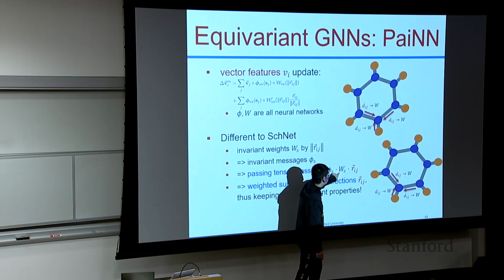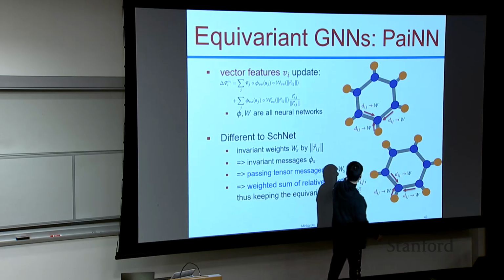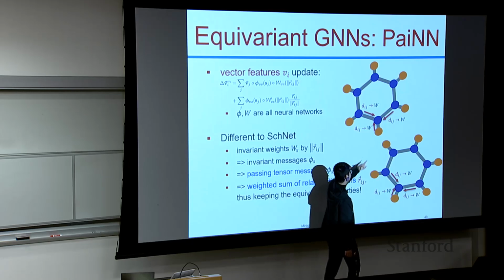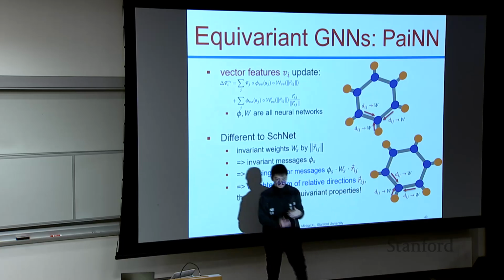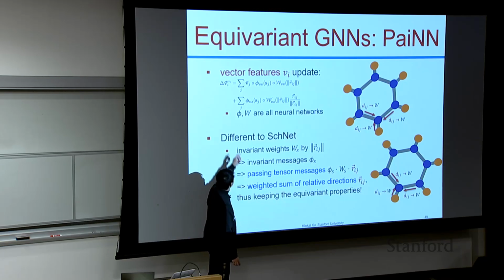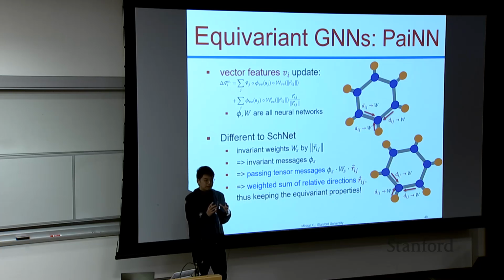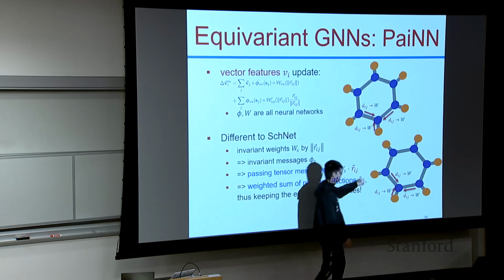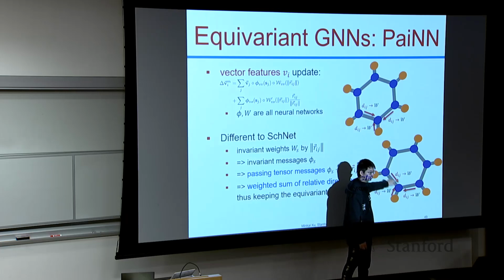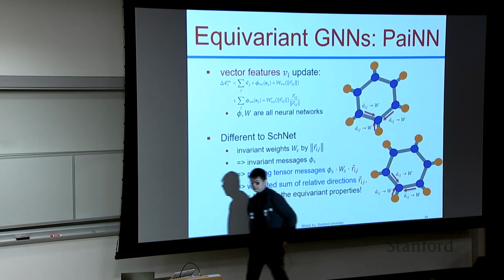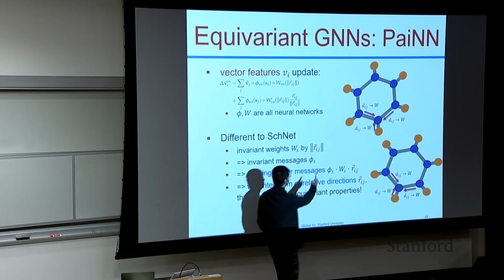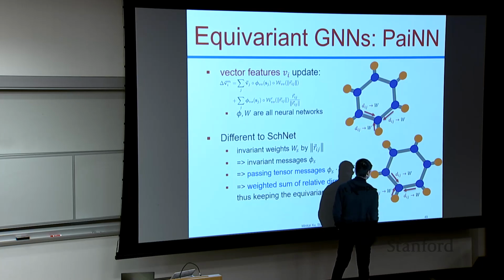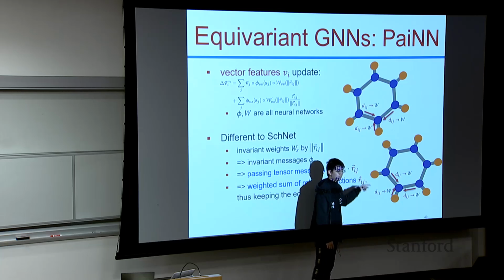After the multiplication, they are also multiplied with the radius direction, the direction from the neighborhood node to the current node. So the tensor embedding will be updated by a weighted sum of all the relative directions, from the neighborhood to the current node. Think about when we do a translation or a rotation of the molecular structure, from this structure to this structure. The relative directions will change together.